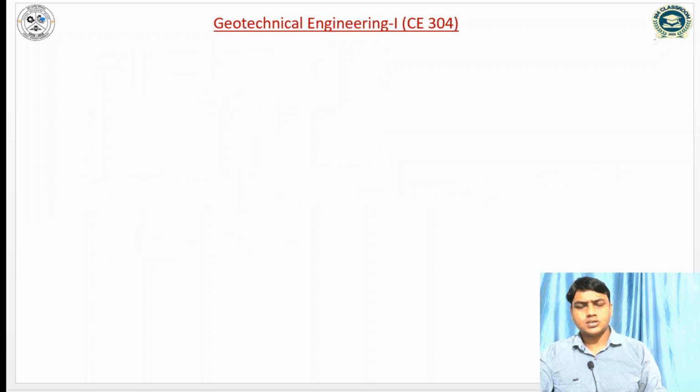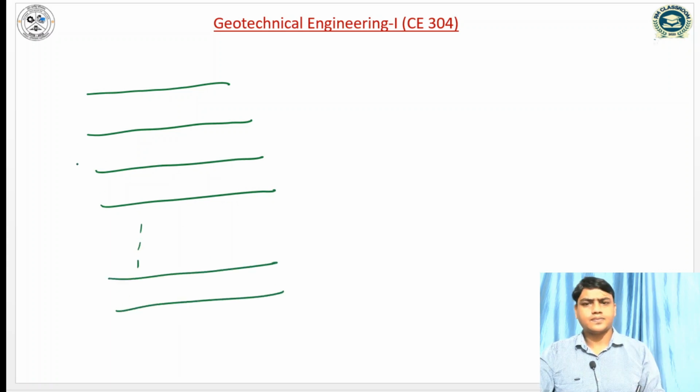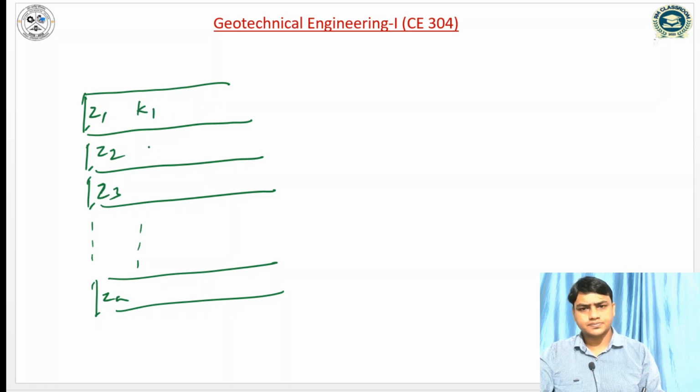So when flow is in vertical direction, let us assume this is our soil layer, so on and so forth, n layers, and each layer has thickness Z1, Z2, Z3, Zn, and the coefficient of permeability of each layer is K1, K2, K3, Kn, and flow is in vertical direction, means this direction.